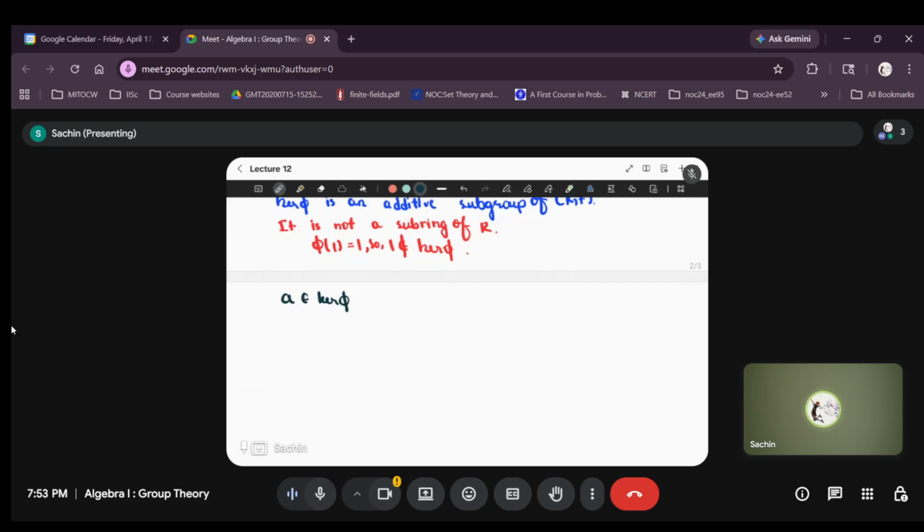These are elements from the domain that are mapped to 0 in the codomain. So it is a subset of the domain. Let r be any element in the ring. So this could be an element that is not in the kernel also.